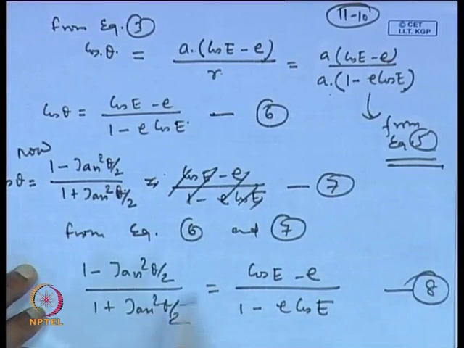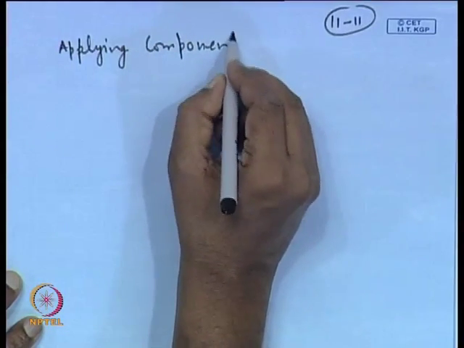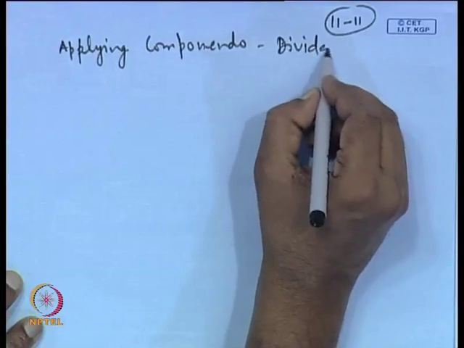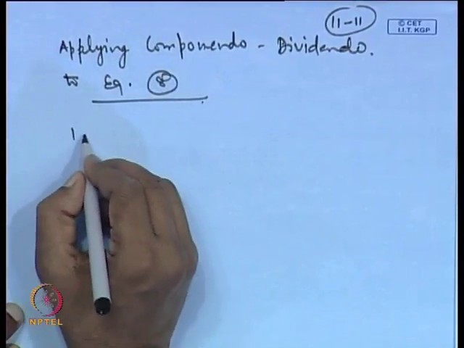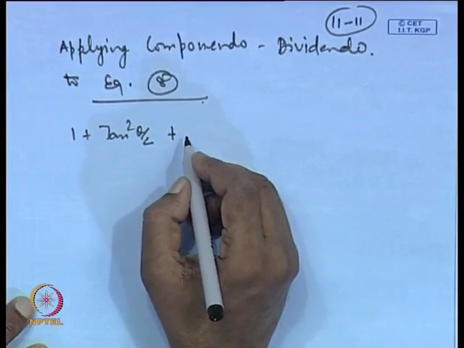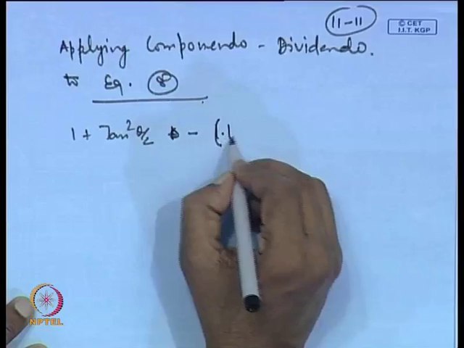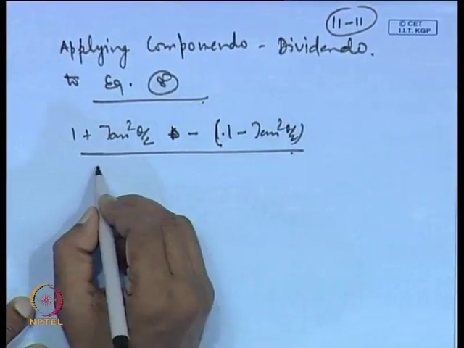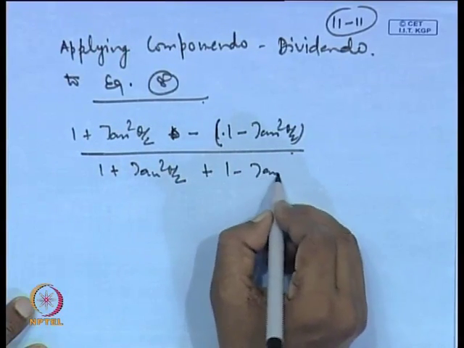Now, applying componendo and dividendo to equation number 8, we can write this as 1 plus tan square theta by 2 minus 1 minus tan square theta by 2, and 1 plus tan square theta by 2 plus 1 minus tan square theta by 2.